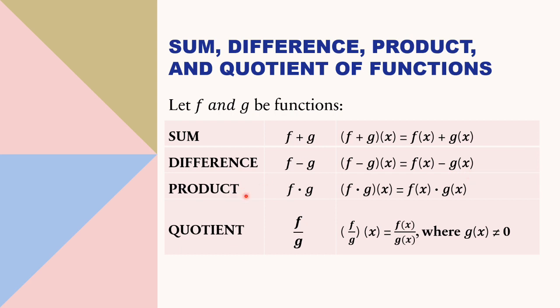For the product, we have f times g, so f times g of x is equal to f of x times g of x. For the quotient, we have f over g. So f over g of x is equal to f of x over g of x, where g of x, of course, is not equal to 0.